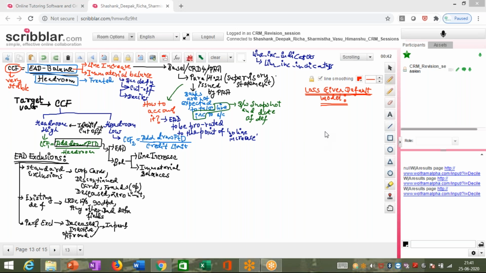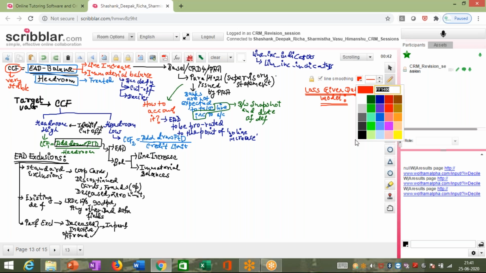So as I was saying, talking about loss given default. First of all, let us define the loss given default, or LGD.